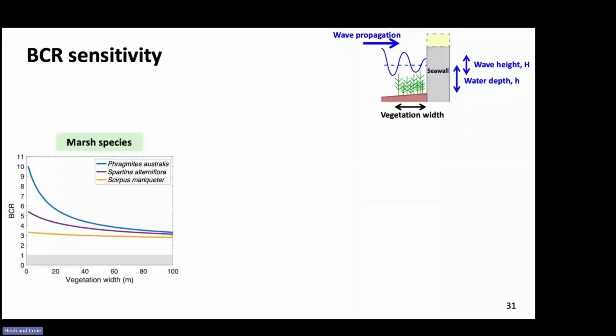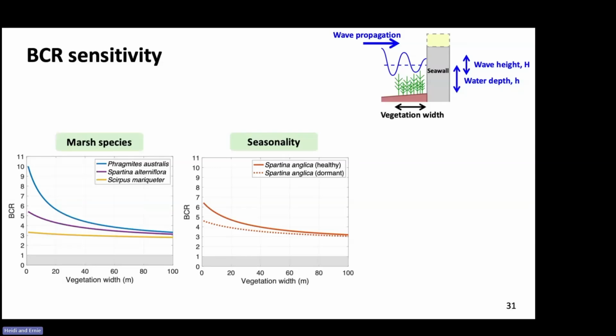The third sensitivity analysis is we tested with different marsh species, because Heidi mentioned Phragmites being a very stiff plant versus Scirpus maritimus, which is a more flexible plant. And shown on the left figure, we have the blue curve with significantly more benefit cost ratio than Scirpus.